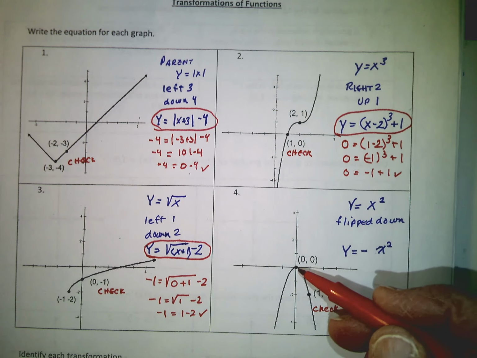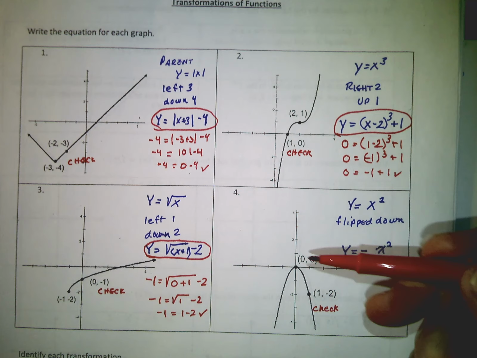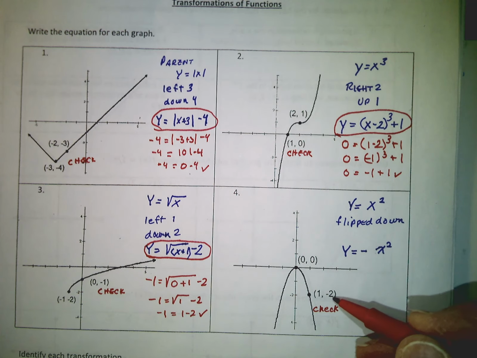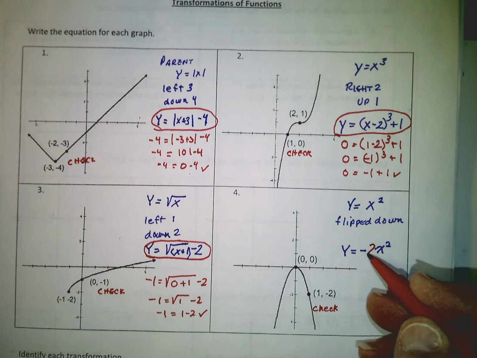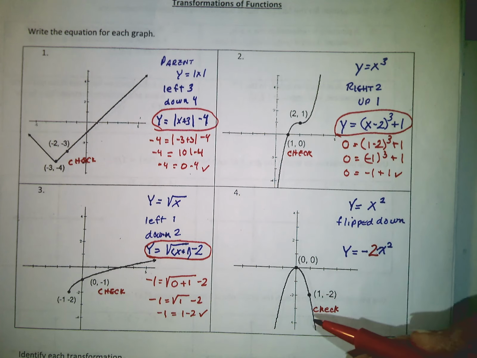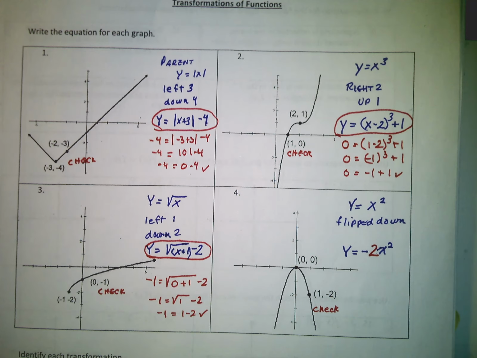Well, since this didn't get moved down any spaces or left, right any spaces, the only way to come up with this negative 2 instead of a negative 1 is if there was a multiplier of 2 in here. That this is a vertical stretch.